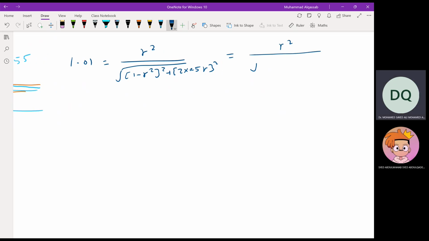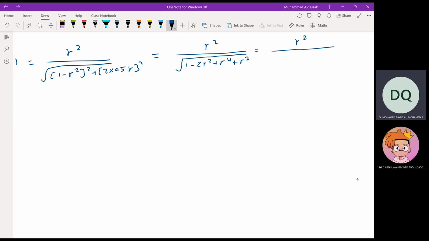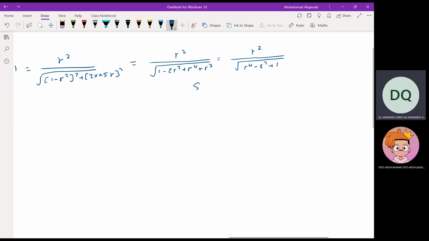So this is r squared divided by square root of 1 minus 2 r squared plus r to the power 4 plus r squared, which is r squared divided by square root of r to the power 4 minus r squared plus 1. So you solve for r, which means squaring both sides. And then you find there will be 2 values for r.